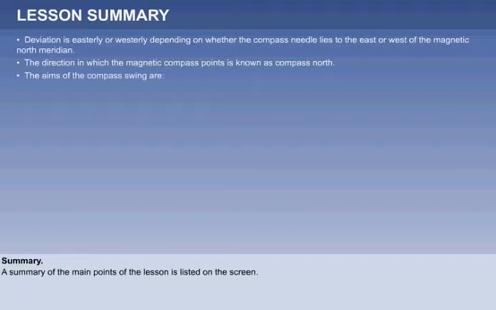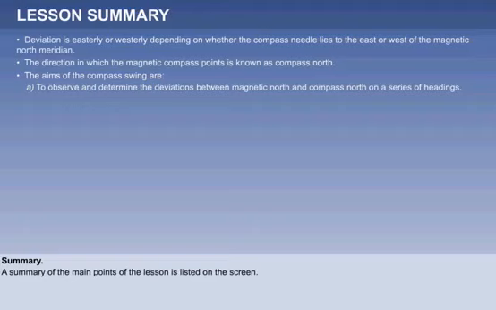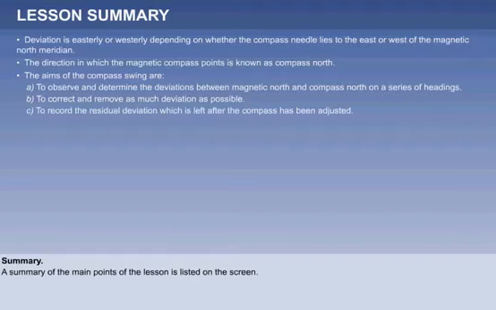The aims of the compass swing are: A. To observe and determine the deviations between magnetic north and compass north on a series of headings. B. To correct and remove as much deviation as possible. And C. To record the residual deviation which is left after the compass has been adjusted.